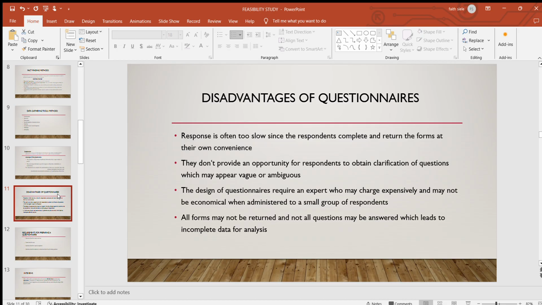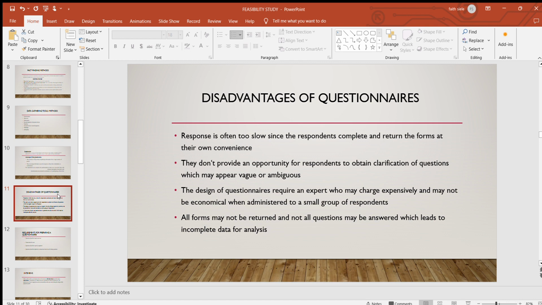Then also number three, the design of questionnaires requires an expert who may charge expensively and may not be economical when administered to a very small group of respondents. Then also all forms may not be returned and not all questions may be answered, which leads to incomplete data for analysis.